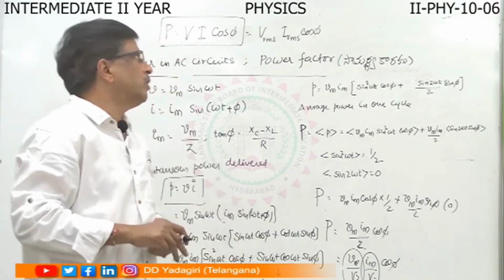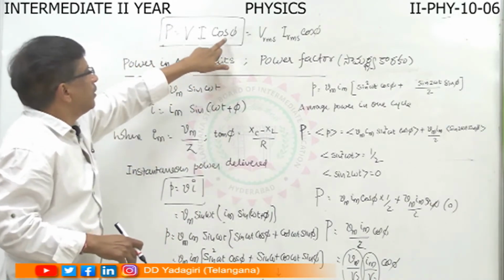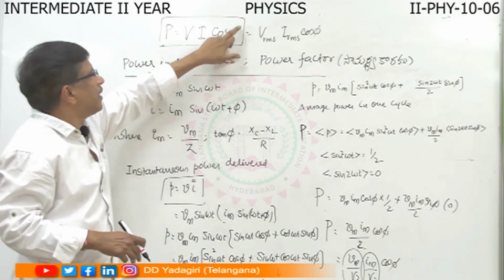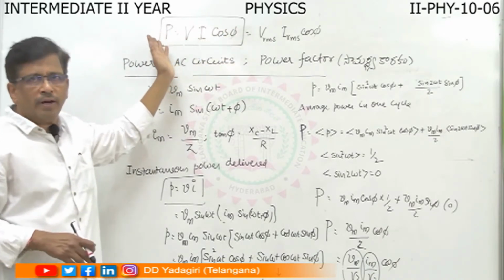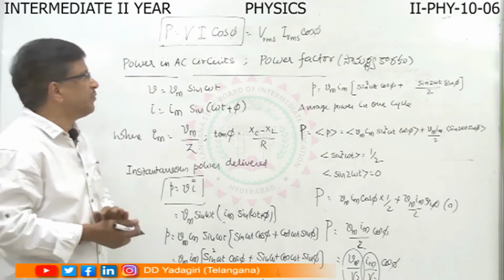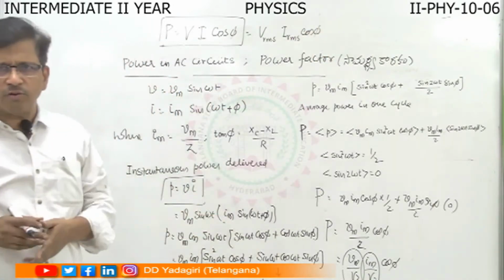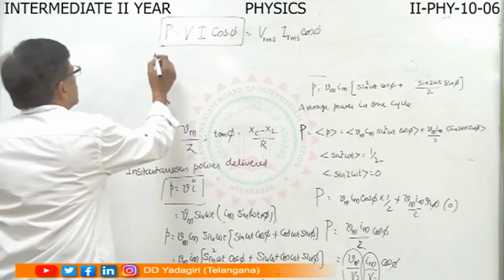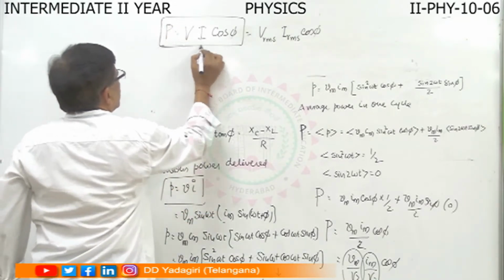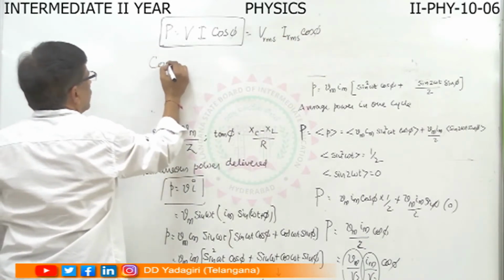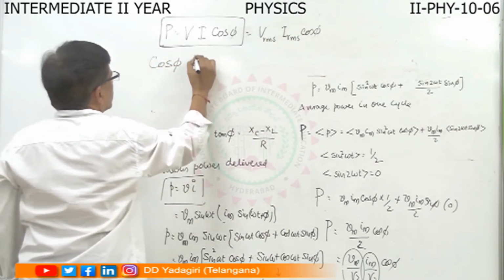So in a pure resistive circuit, φ will be 0, cos 0 is 1, and the power is VI. Actually this cos φ is called the power factor.